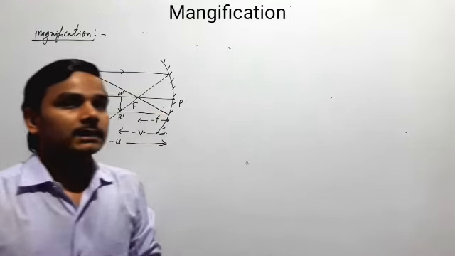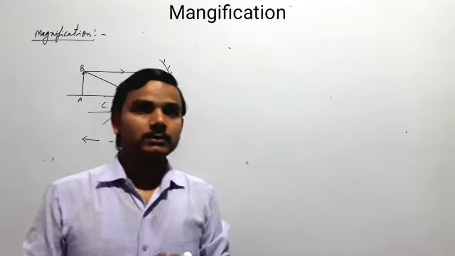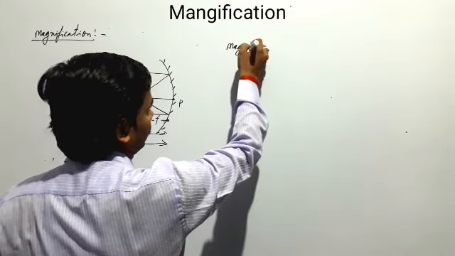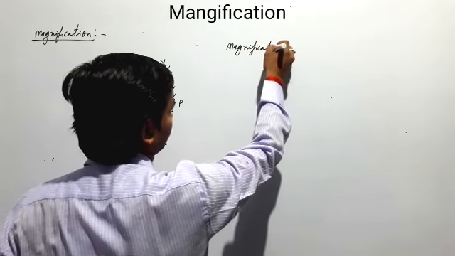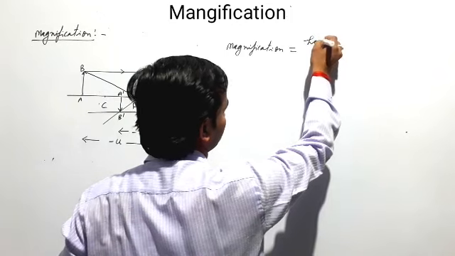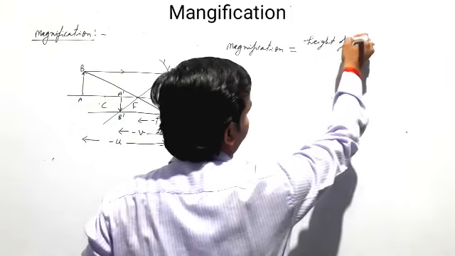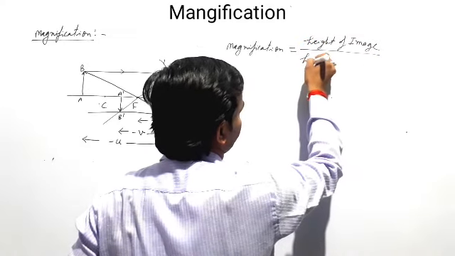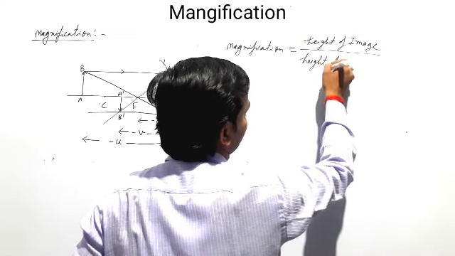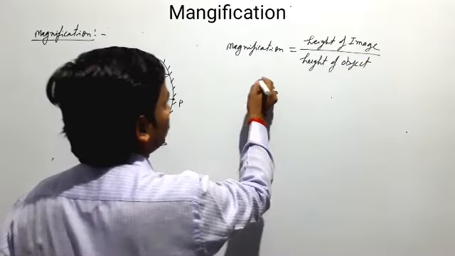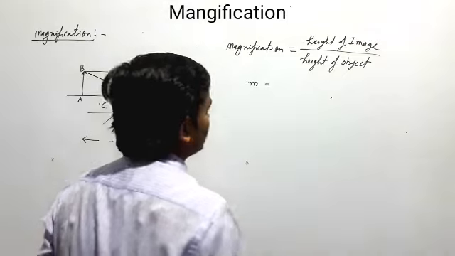Magnification is the ratio of the height of the image to the height of the object. This is the formula for magnification, and magnification is represented by m.